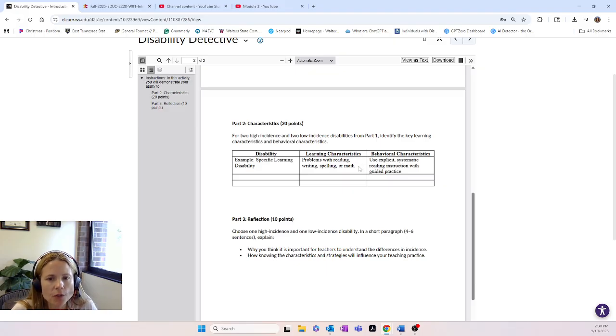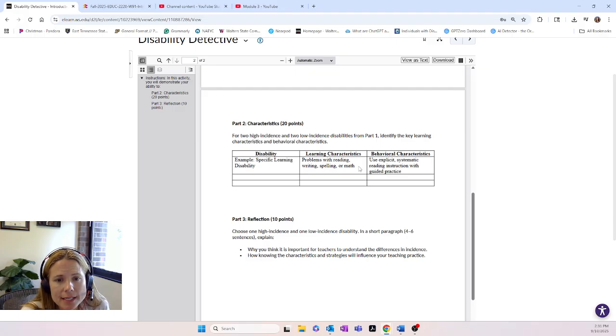Again, if you're not familiar, go back to the textbook and look at specific learning disabilities. You can also go on the Tennessee Department of Education website under special education. Like I showed last time, you have that as a resource where, if you click on evaluations and eligibility, it's going to have all the 16 categories that the Tennessee State Department accepts.